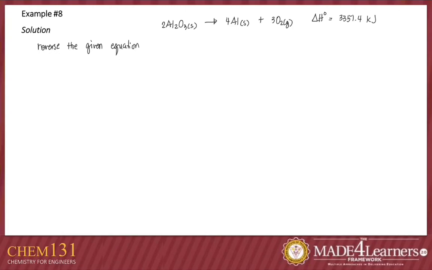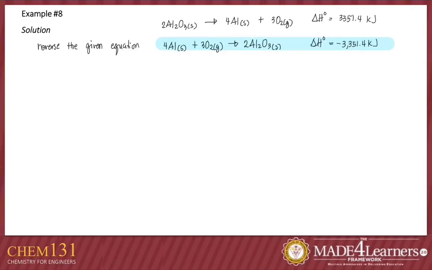And when we reverse that, it forms from its elements, so 4 aluminum plus 3O2 gives 2Al2O3 solid. And so for the standard enthalpy of formation, it must release 3,351.4 kilojoules of heat. And this equation is now what we are going to use.